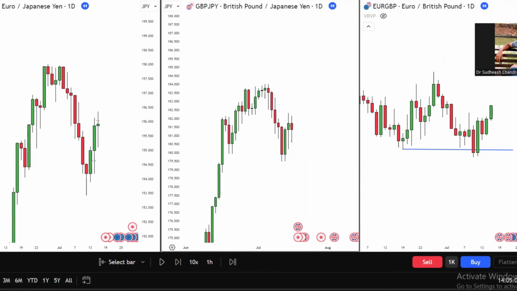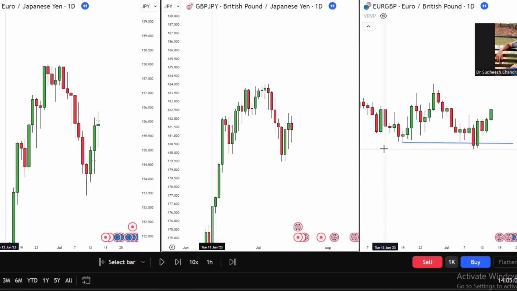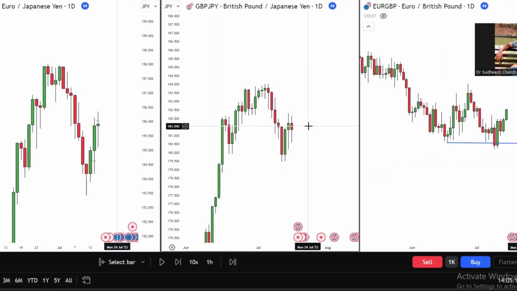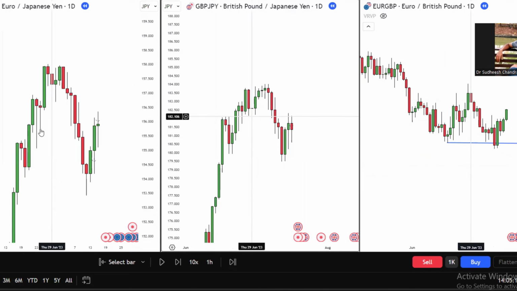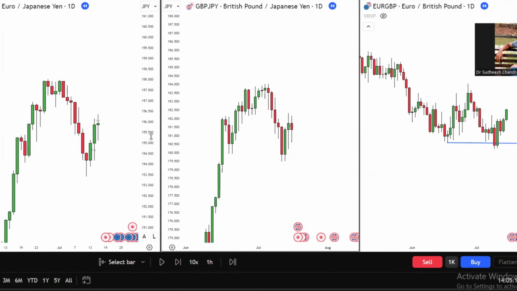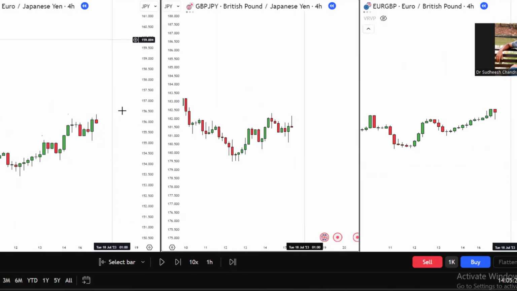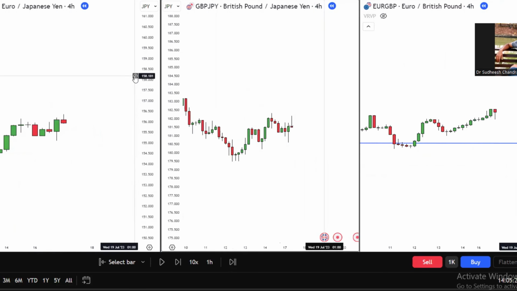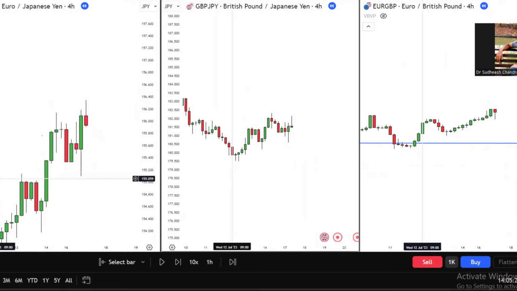Now? I was saying that it is always advisable to get to know the strongest pair, which pair is strong and which pair is weak. It's always advisable to know. So let's just look at this, right? I expected this candle to be the strongest candle, right?